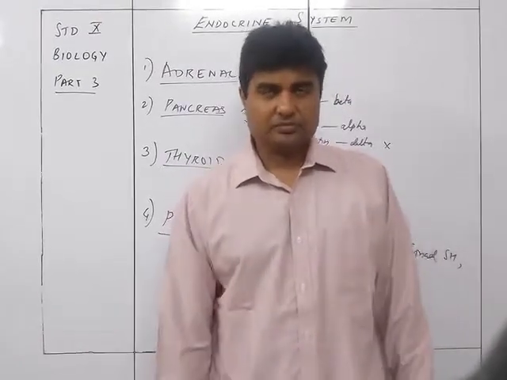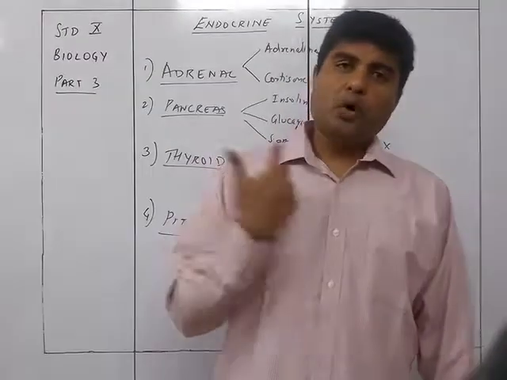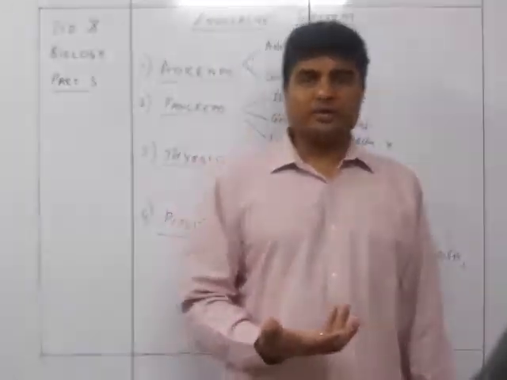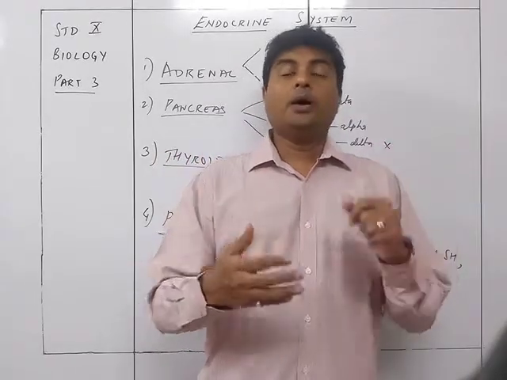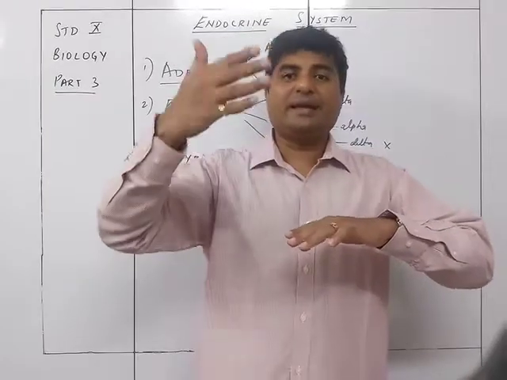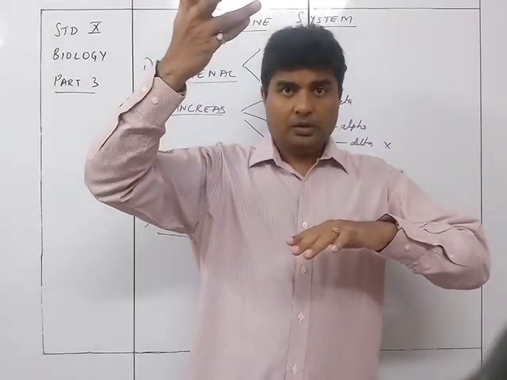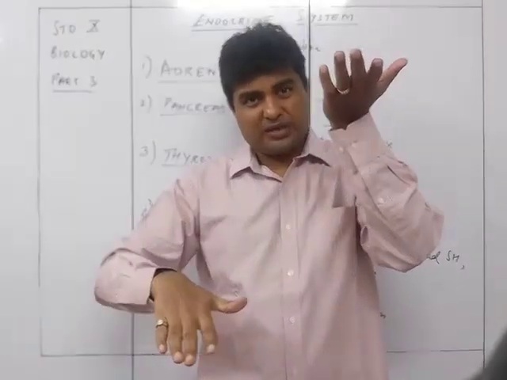Example, TSH, thyroid stimulating hormone. The body requires more metabolism, so the level is low and TSH will increase. And if the body's metabolism is too high, TSH will automatically decrease.